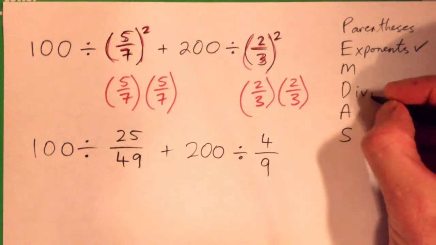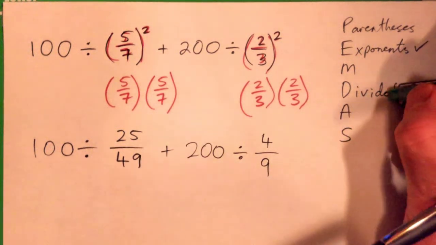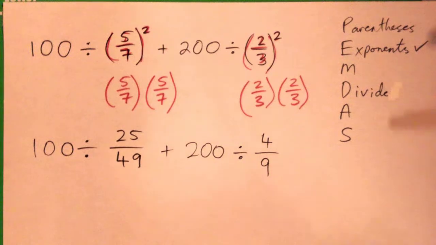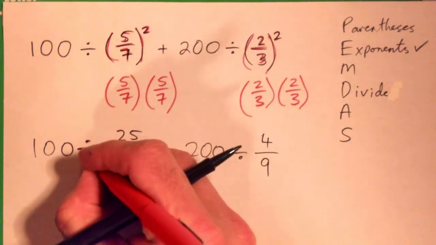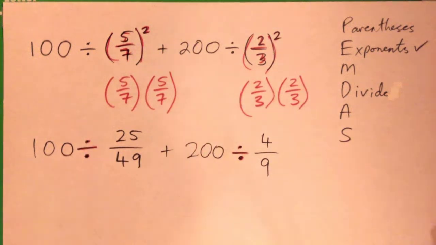We'll follow PEMDAS. The next thing to do is divide, and afterwards we'll add. So we have a division here, and we have a division here. When we divide by a fraction, we need to do what?